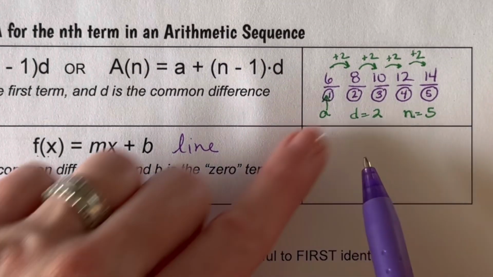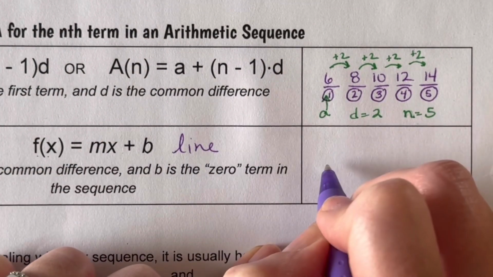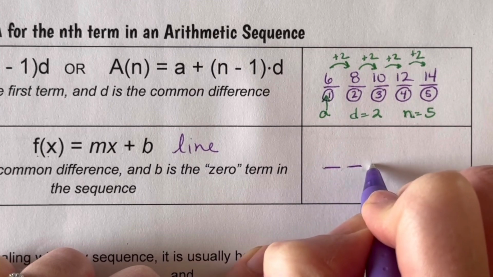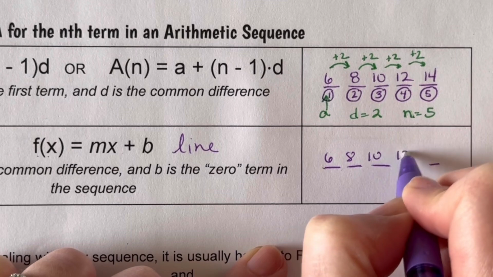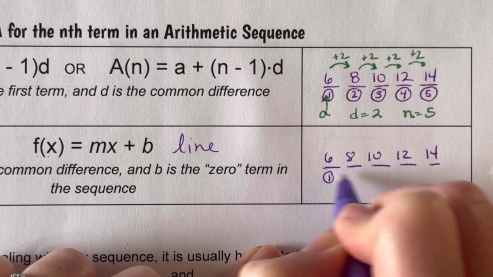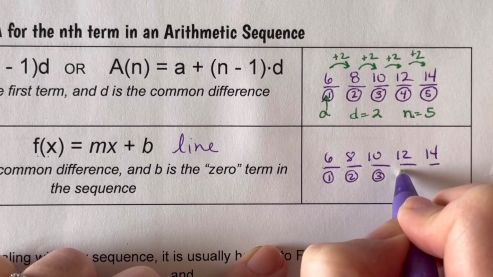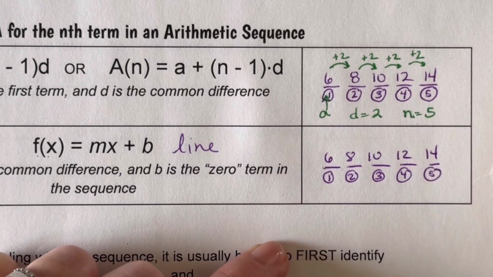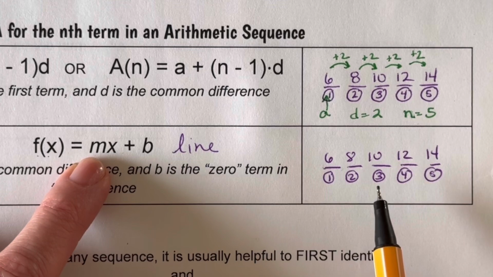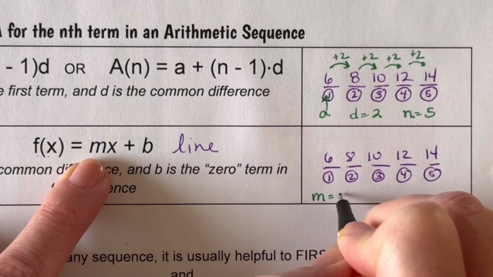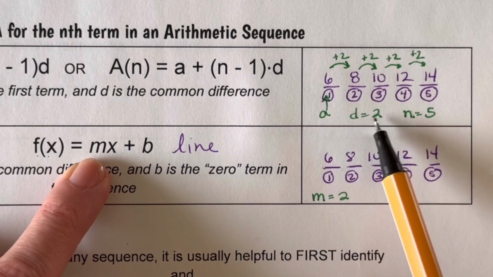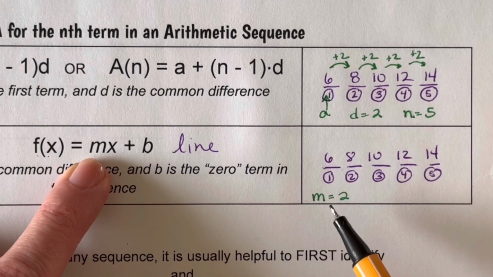Let's talk about how this is very similar with this one. I'm still going to use my 1, 2, 3, 4, 5 terms. 6, 8, 10, 12, 14. I still have my first, second, third, fourth, and 5th term. Okay. What happens here? Well, in this case, m is going to be my common difference. Notice D and M are basically the same thing.